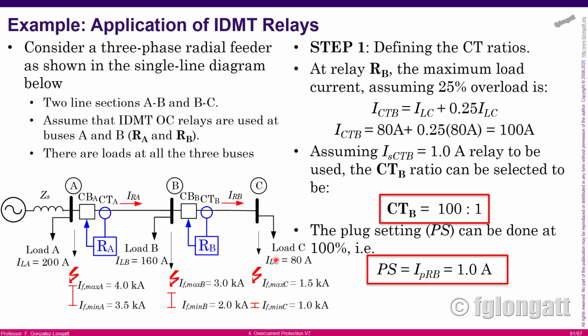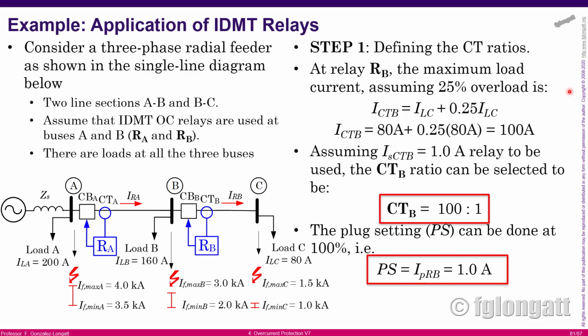We assume some overloading, and in this case, we are assuming 25% overload, okay? I know that people will come back to me and put comments below that this is not a normal practice. Okay, it's not a normal practice, but it is useful at this moment, and it's valid for many applications, okay? 25% overload is a decent margin, okay?